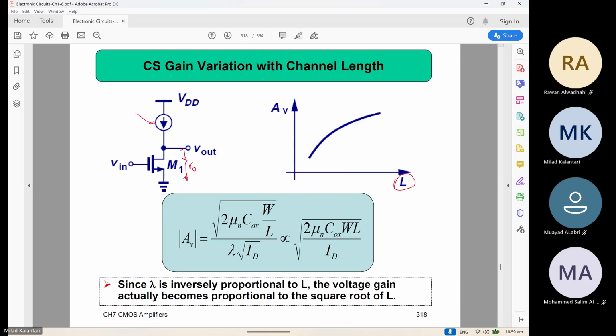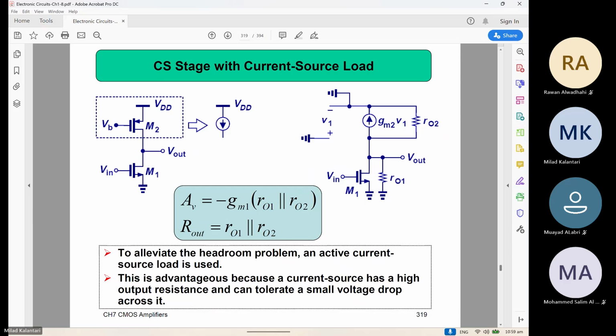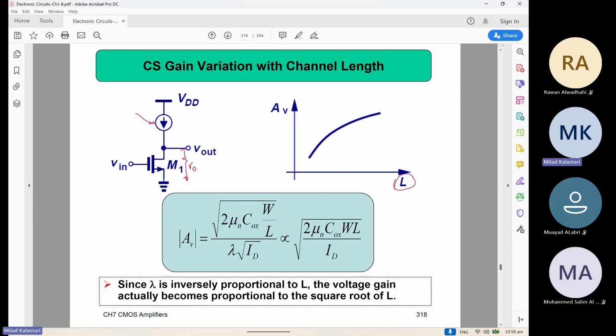One thing you need to remember is that the ro value was 1 over λ ID, meaning a higher drain current reduces this Rout impedance. So if you increase the current of the device, ro is reduced. And if you remember, the gain was gm times Rout in this case, because there is no other RL in parallel, so it would be just Rout.